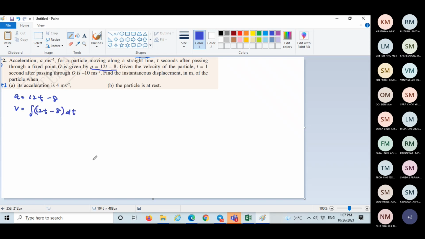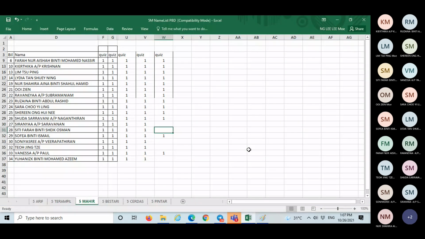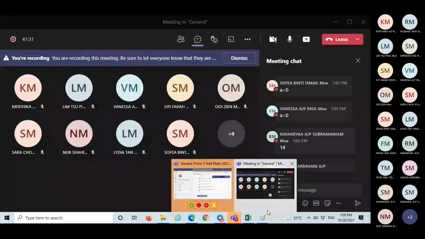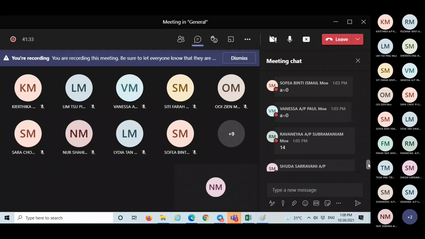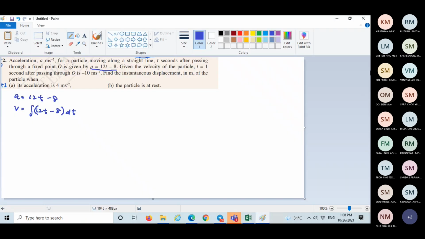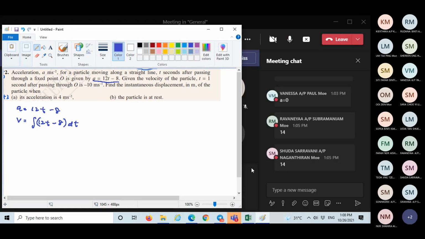Okay, who is the next one? Siranya, tell me the answer for this integration.